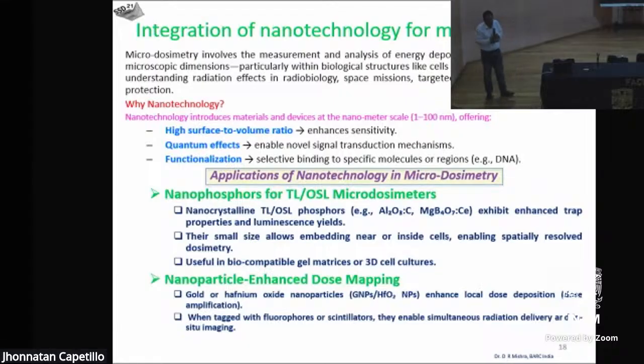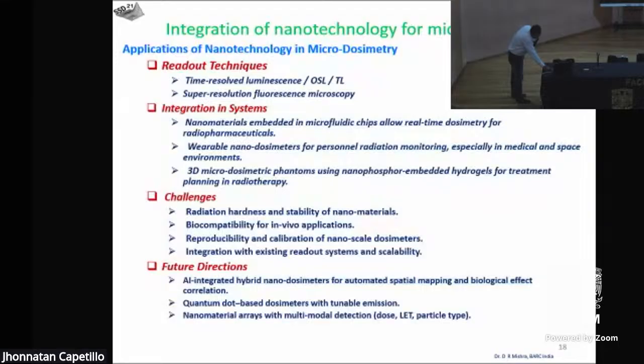Many people are trying to come out with new ideas. In the coming few days, we are definitely going to have this. Of course, nanoparticles are also entering this arena to give their signatures, to improve dose sensitivity and localize dose enhancements. Some papers we have seen recently show certain features of how it can be used even for DNA mapping. People are trying for DNA mapping. The TL/OSL field is already open for that.